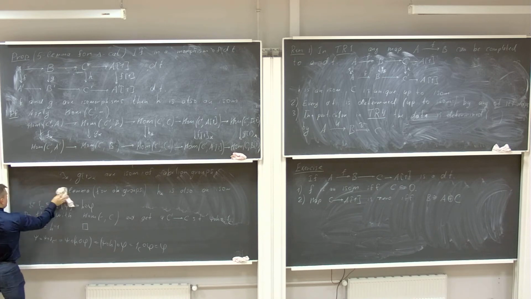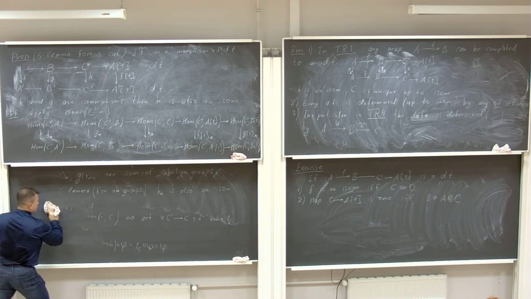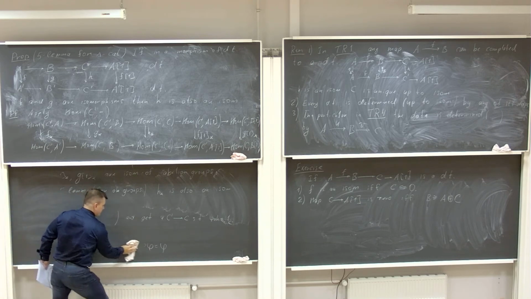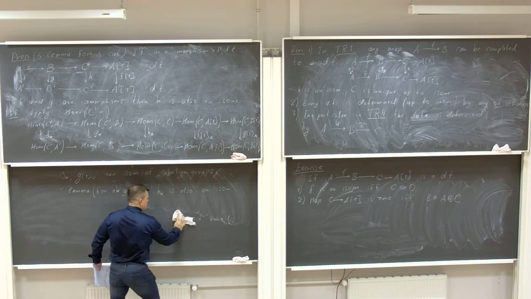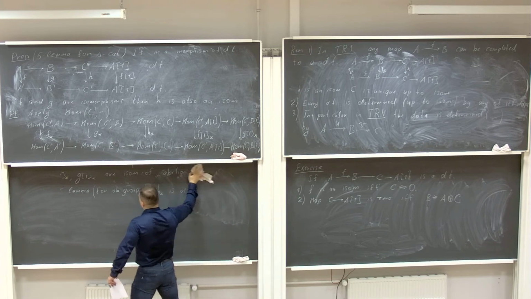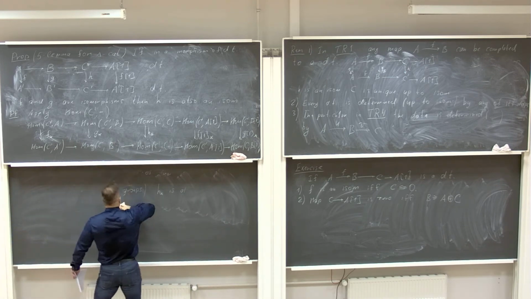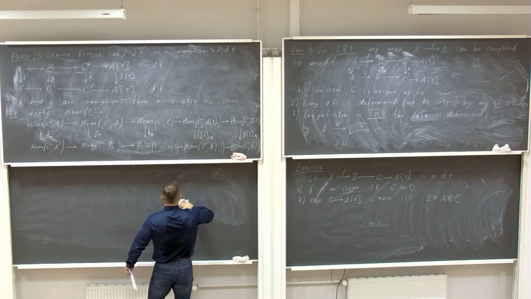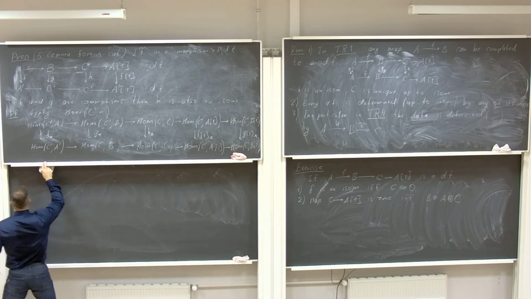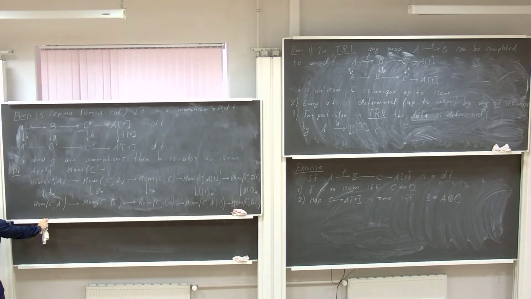So at the moment we have definitions of triangulated category, and we have some quite elementary properties of triangulated categories. The next step is to define what a map between triangulated categories is. What additional requirements are we supposed to have on a functor between triangulated categories?